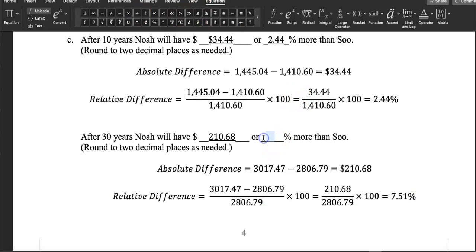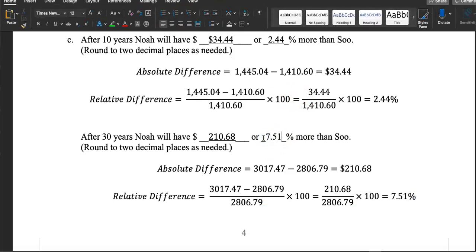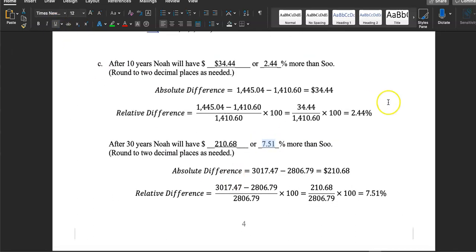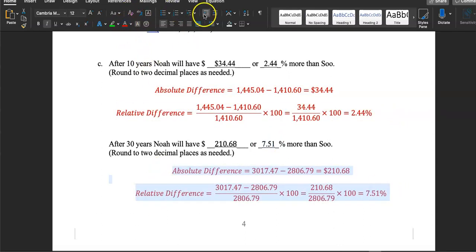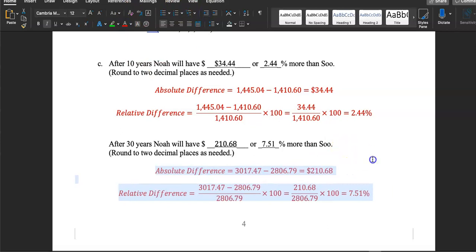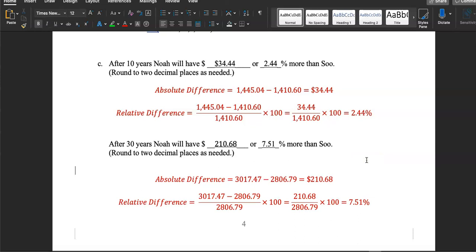Notice how this difference got bigger from 10 years to 30 years, and that's going to continue happening, right? So that tiny little difference in the interest rate over the 30 years, Noah will have $210.68, and that's 7.5% more than what Sue has in the next 30 years.